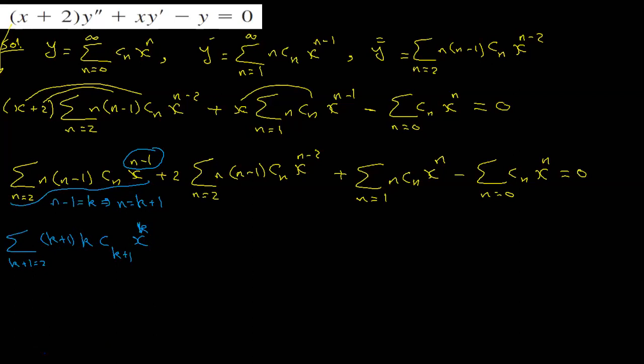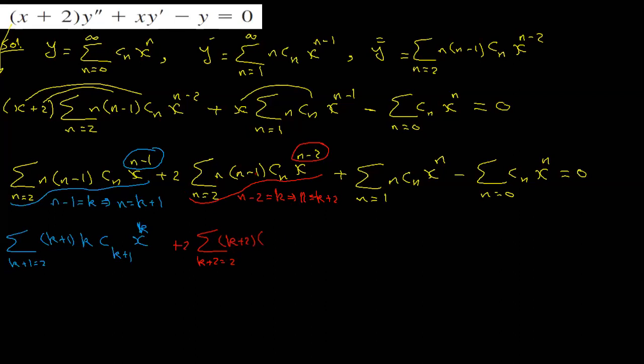Let me use the red now to solve the problem of the second summation. Here, my problem is n minus 2, so let me consider my n minus 2 to be k. That will give me my n to be k plus 2. So the second power series can be written, plus 2 times the power series. Instead of n, I'm going to write k plus 2, the index equal 2.